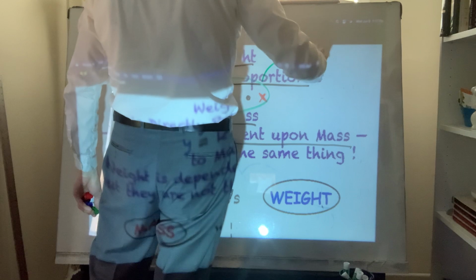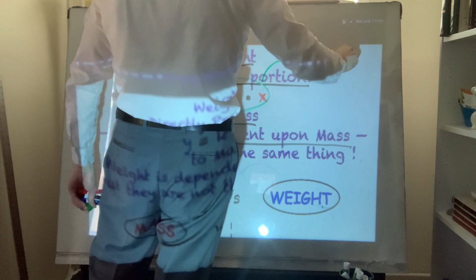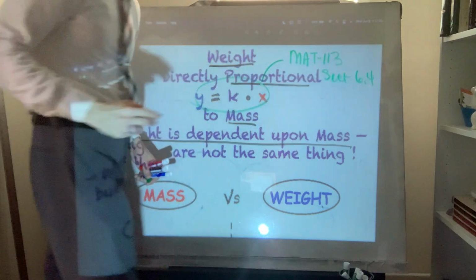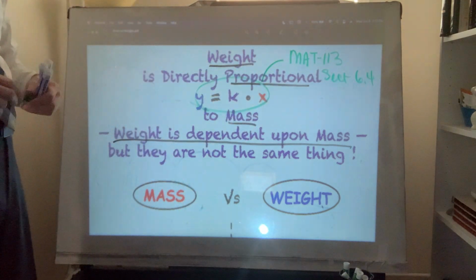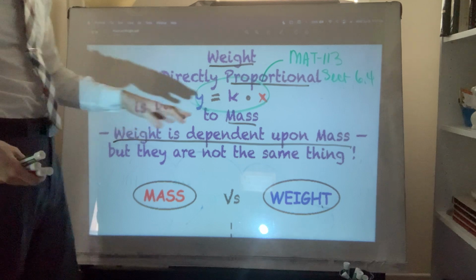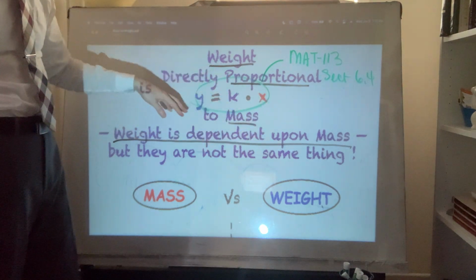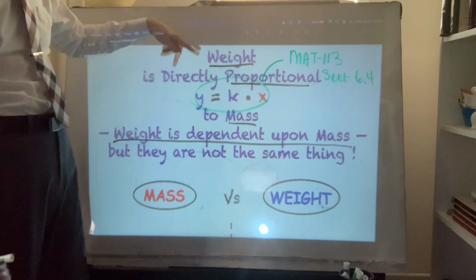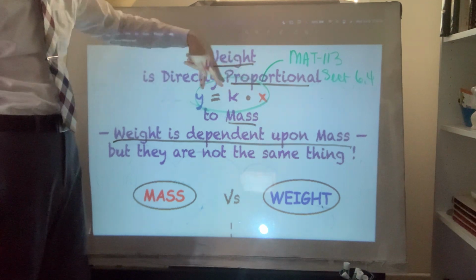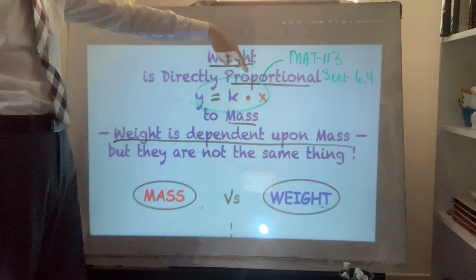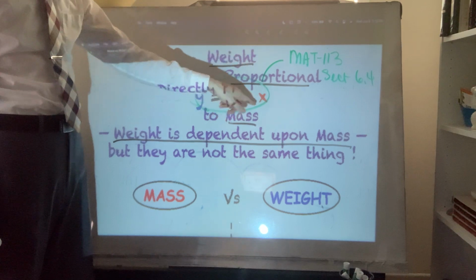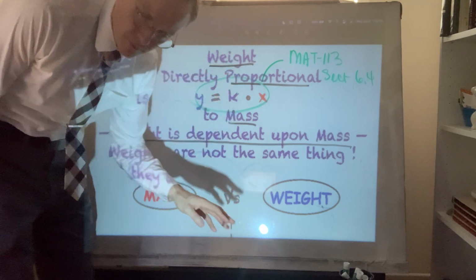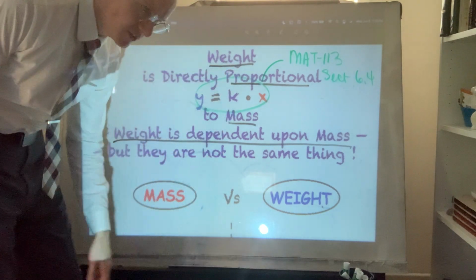In MAT-113, section 6.4, this subject was introduced. A model that you could adapt for when the relationship between two variables, x and y, is directly proportional, which basically just means that you're at worst multiplying. K is known as a proportionality constant.